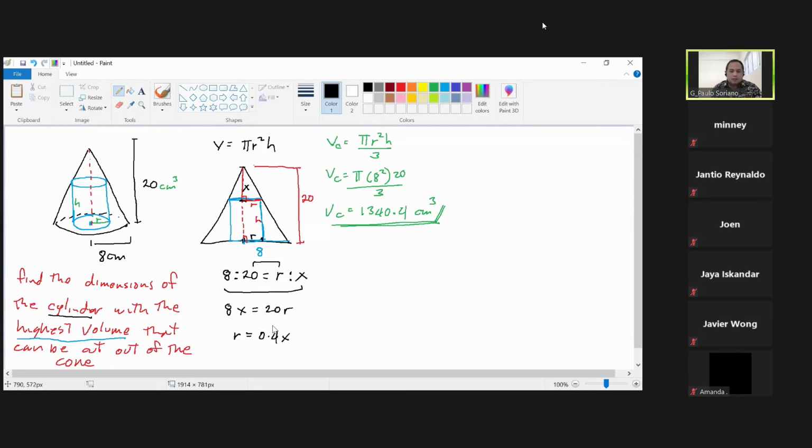Wait. It's better to solve for x because we are looking for h over here, right? We do not need the x over there. We need h.